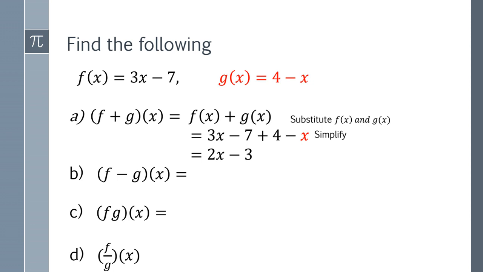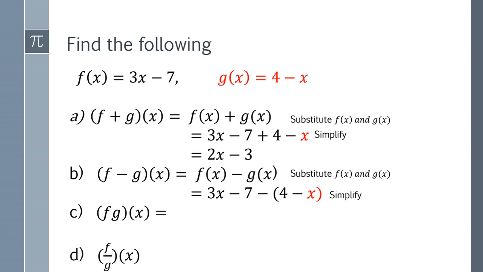So very, very similarly, if I want to subtract these two functions, again, the syntax on your book has it like this. It says f minus g of x. So I like to rewrite it in what I'm really doing. This problem is asking me to subtract function f of x with g of x. So having it in this format, all I have to do is just substitute and simplify once again.